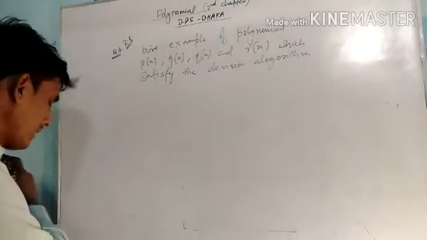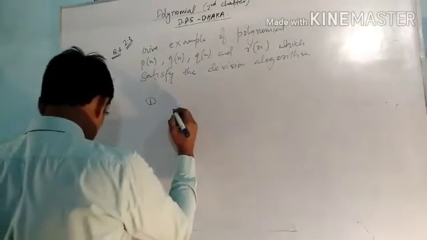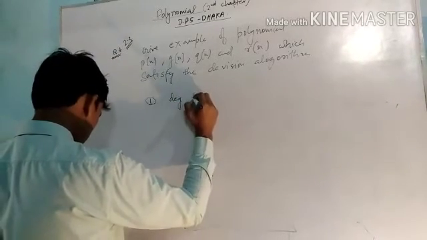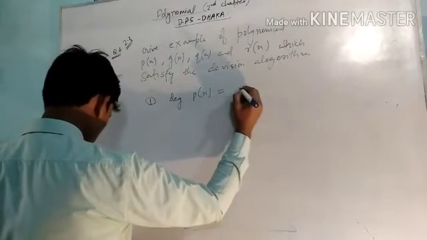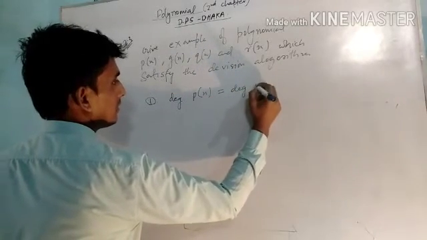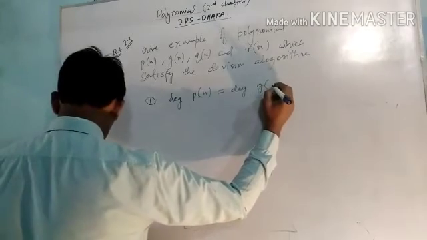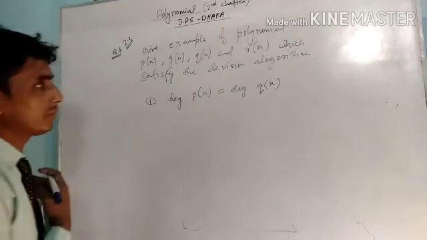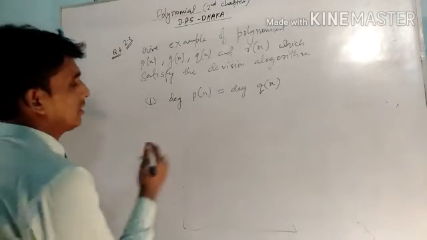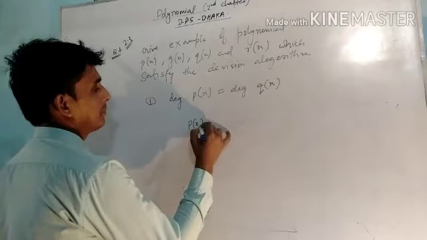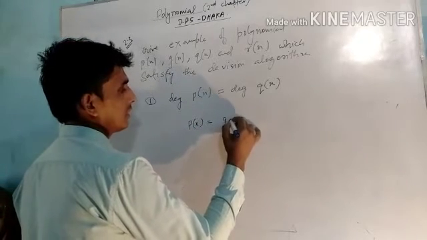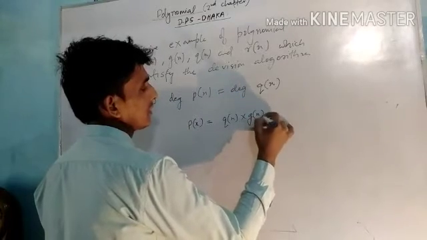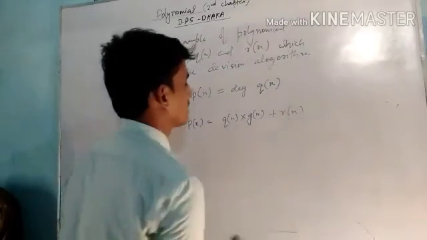So here the first criterion is that the degree of px should be equal to the degree of qx. What is the division algorithm? We know the division algorithm is px is equal to qx into gx plus rx.